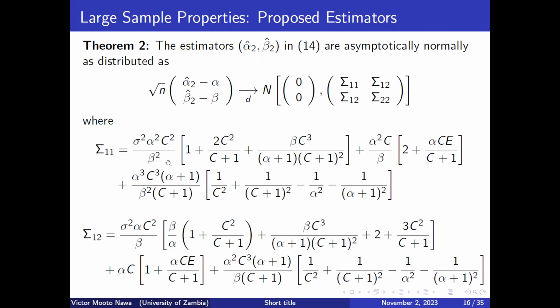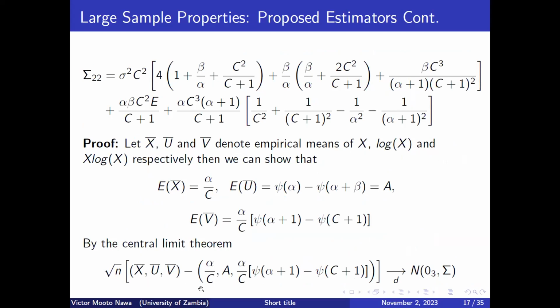So here we note that the variance of alpha hat 2 is some function of alpha, beta, and E. The covariance of alpha hat 2 and beta hat 2 is a function of alpha, beta, and E. And the variance of beta hat 2 is a function of alpha, beta, and E. And basically, the proof follows the same approach.